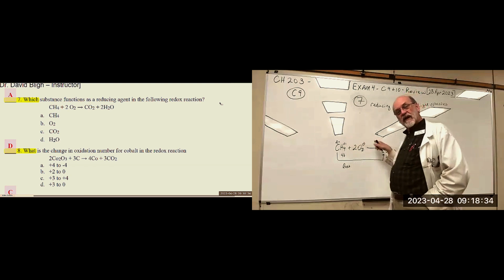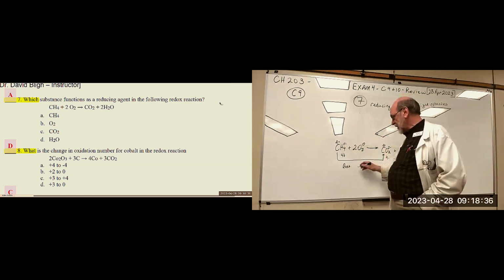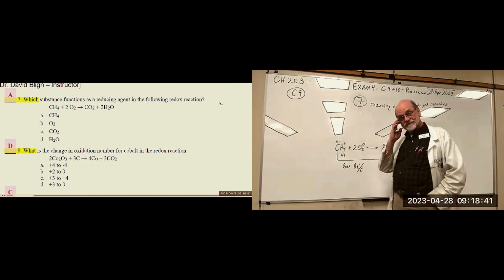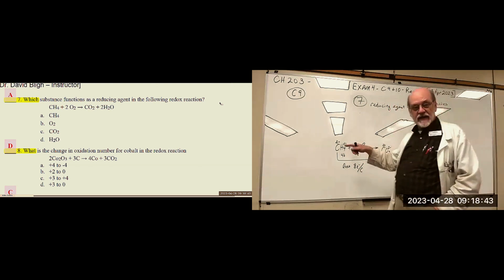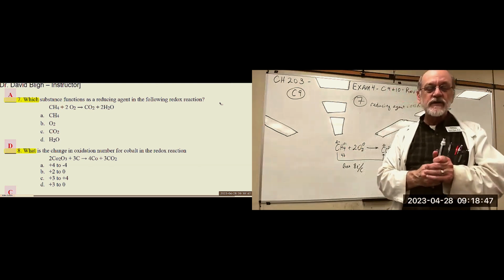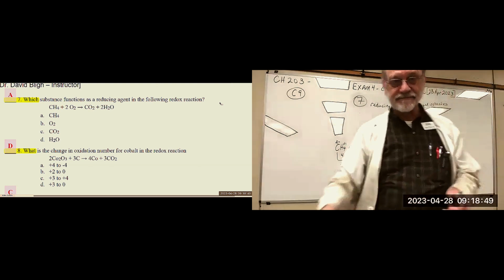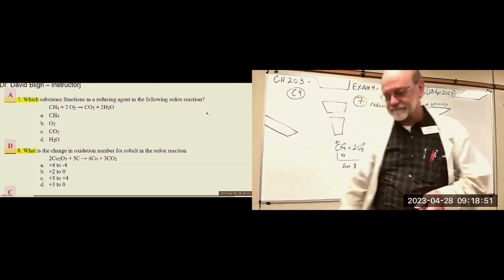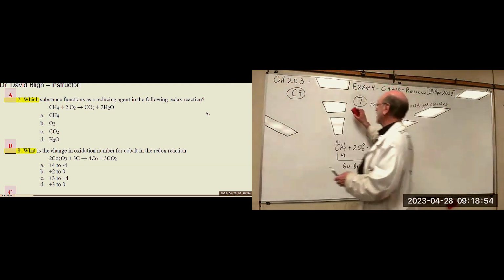But then to go to 4 plus, you have to lose 4 more. So you have to lose 8 electrons for each carbon. Reducing agent, excuse me. Our reducing agent is methane. All right.